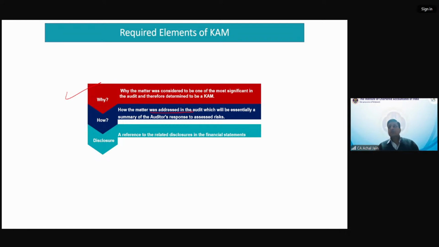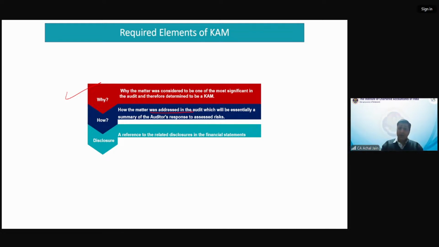So, of course, auditor is not saying that there's any qualification or modification in respect of that matter. No, that's not the objective. Objective is what? To make the users aware about the significant areas which were quite critical, over which there was no problem, there was no material misstatement, but still it's for their information.